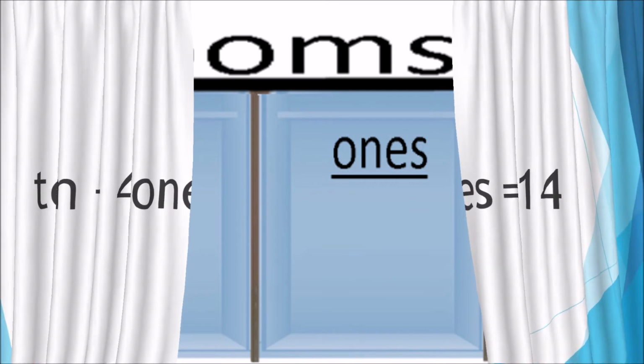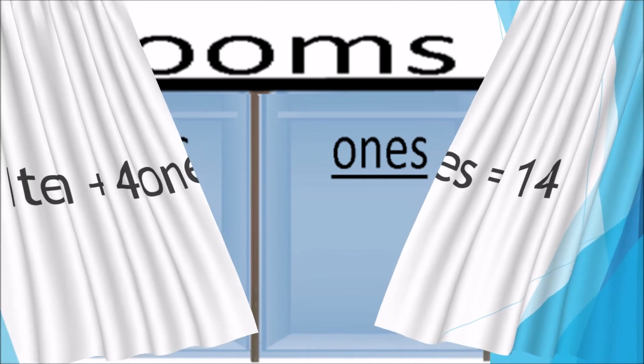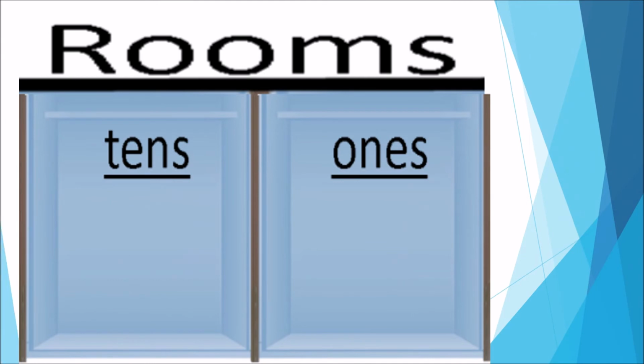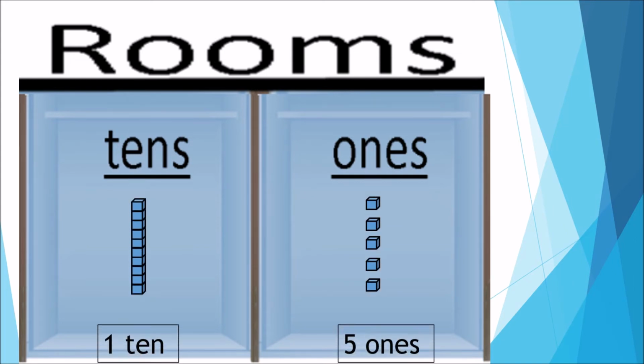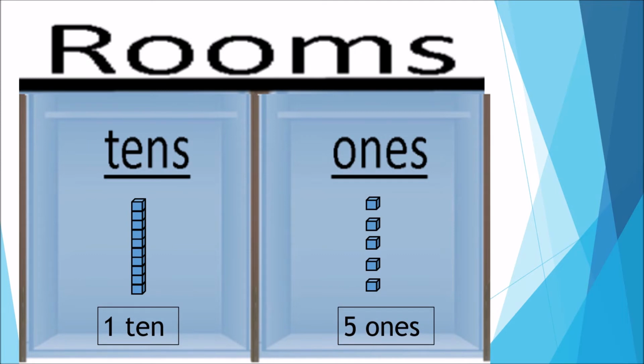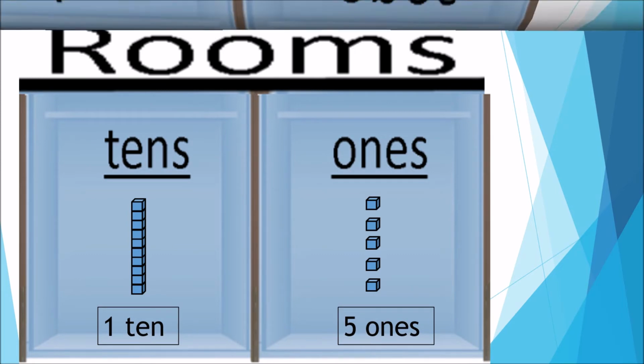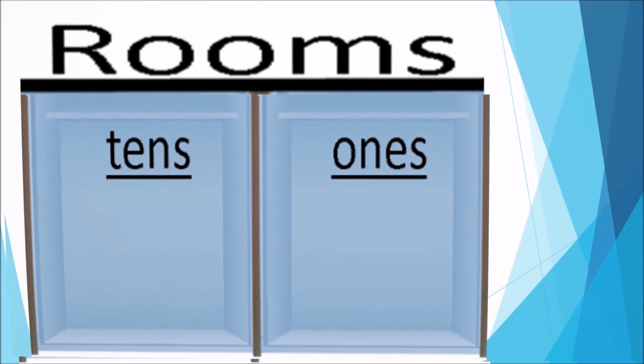We will put the blocks in the rooms first. 1 ten in the tens room and 5 ones in the ones room. Let's put the digits.